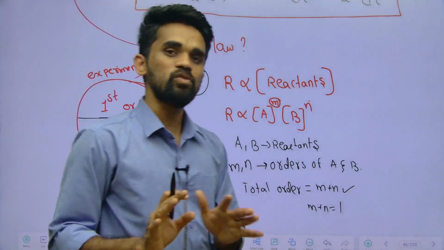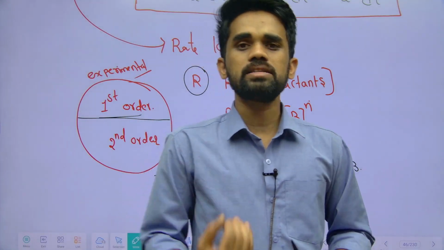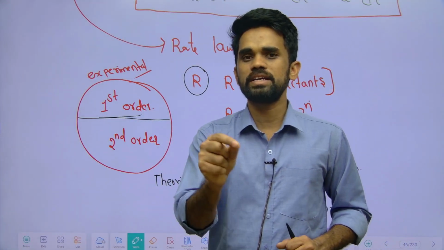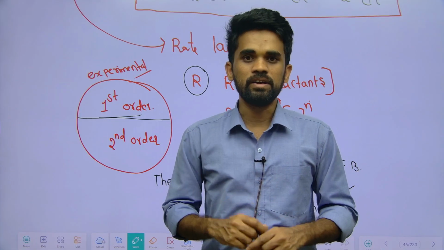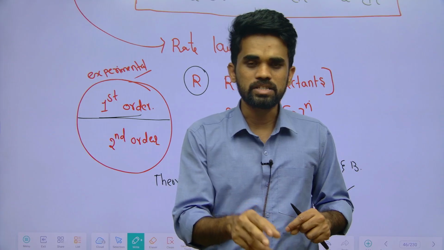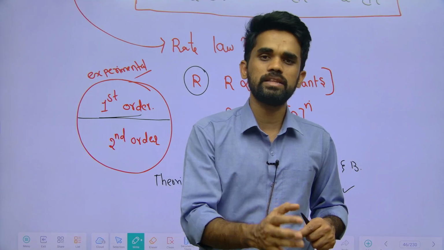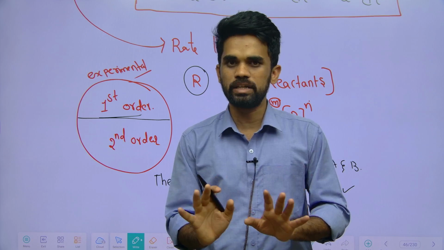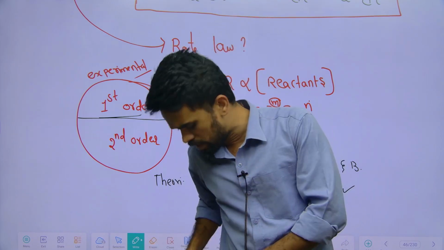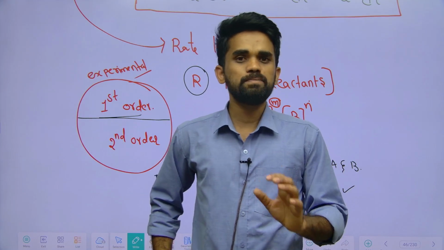They will provide the experimental data and ask us to identify which order this reaction is following. By looking at the experimental data, we need to identify whether a reaction is following first order, second order, zero order, or some other order. Just by looking at the reaction, we cannot give it theoretically. It comes purely from experimental data.